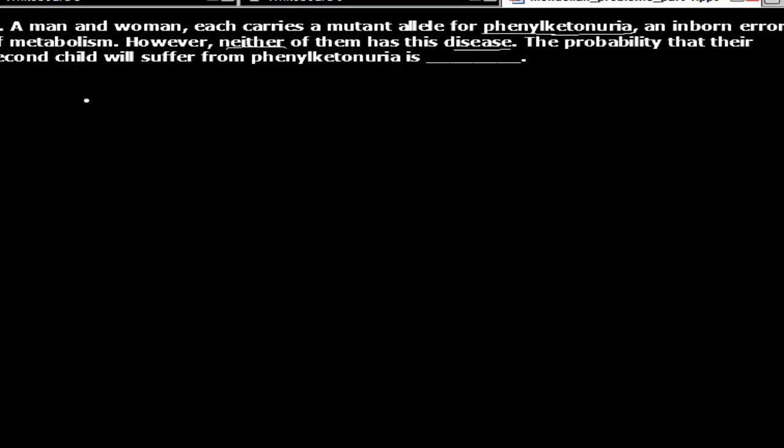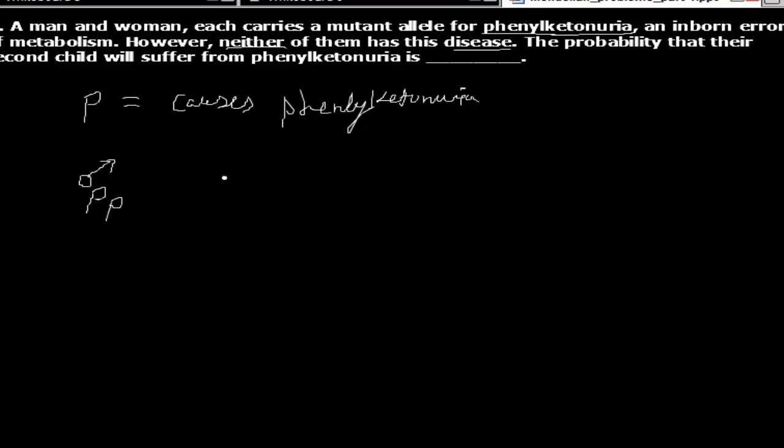Suppose small p is a gene that causes phenylketonuria. So the genotypic constitution of male will be capital P small p, and for female it will again be capital P small p, since both of them carry the mutant allele, but neither is suffering from it, so that's why they are heterozygotes.